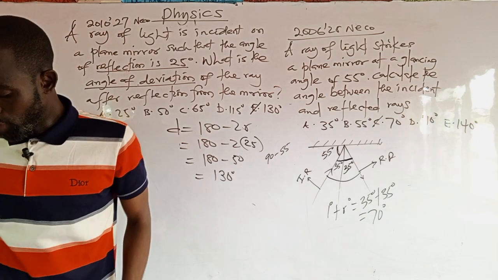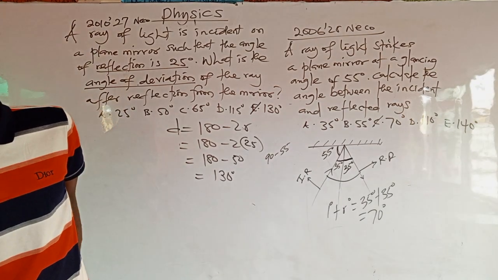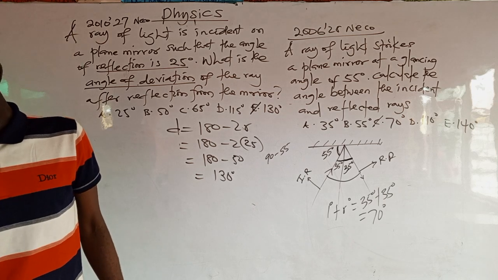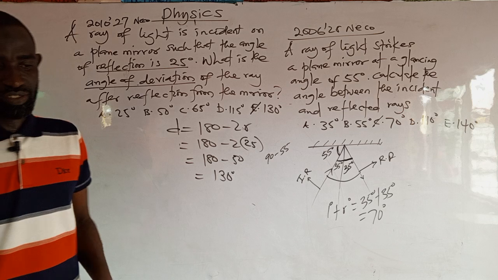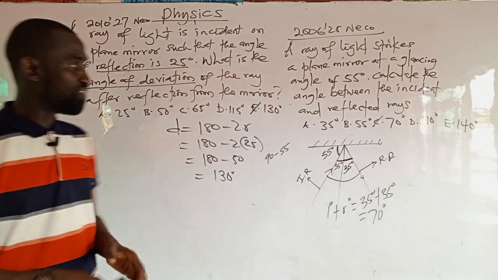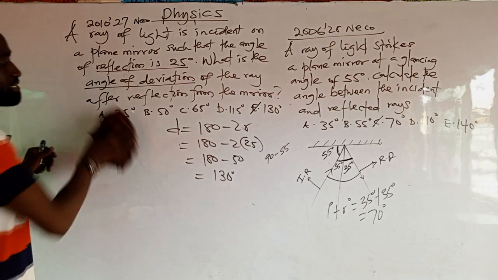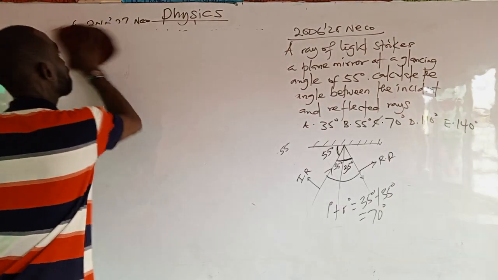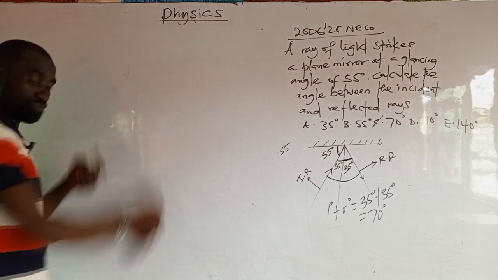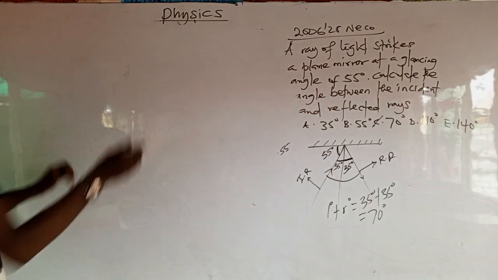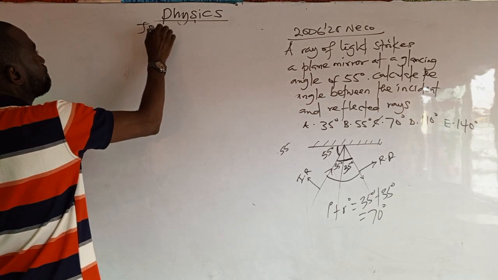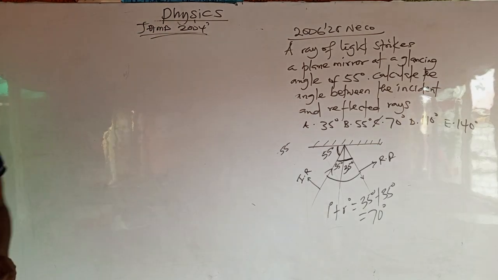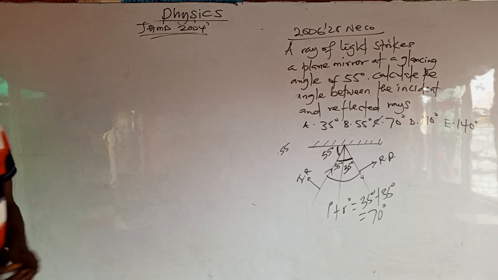It says a ray of light makes an angle of 35 degrees with a plane mirror. What is the angle of reflection?